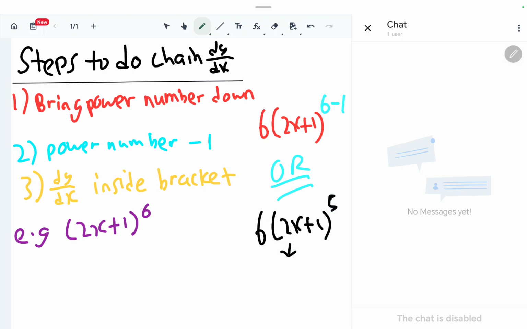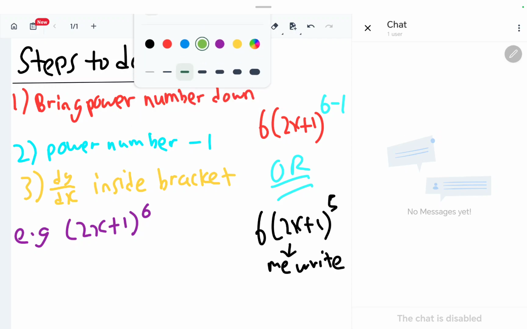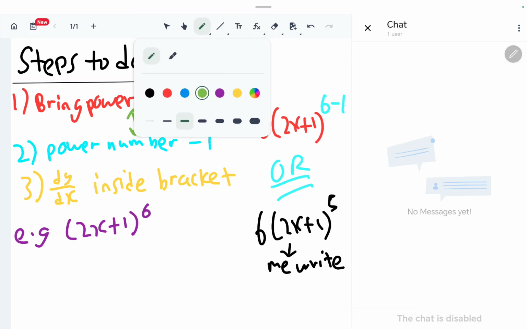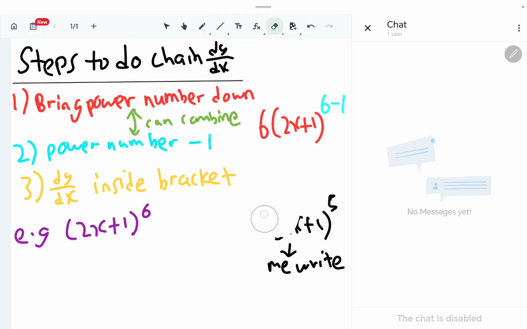Because it's mental sum: bring power number down, power minus 1. One more thing to add, these two can combine. Let's go with the first way, because I don't want to get you confused. So I will simplify.